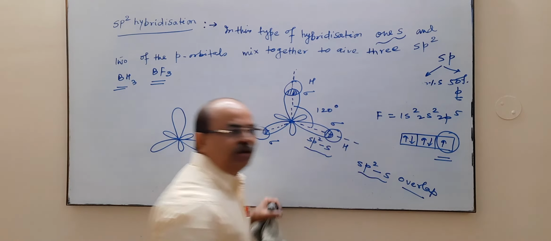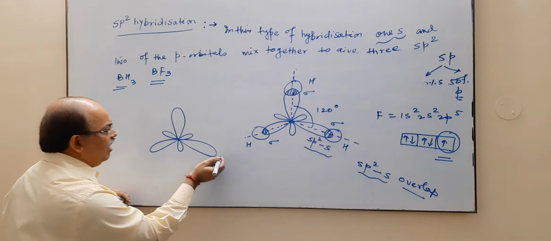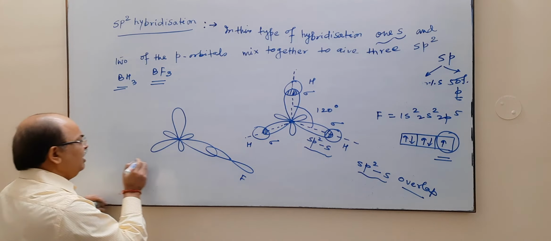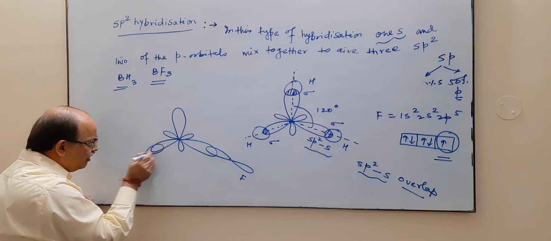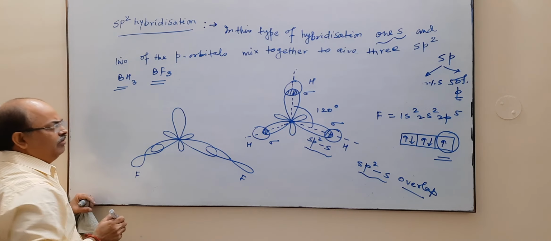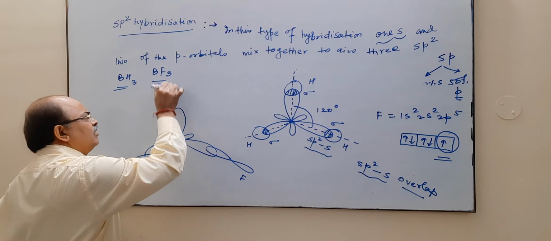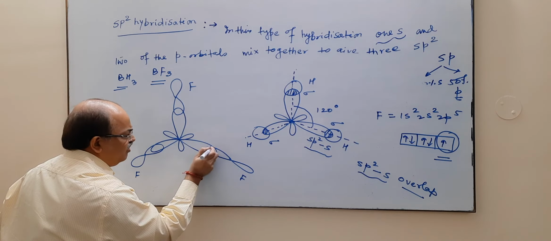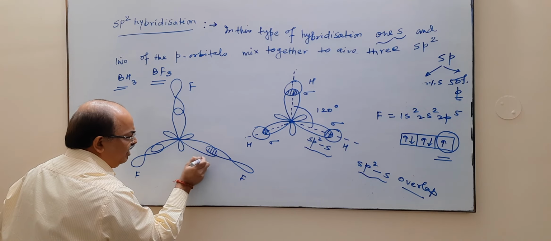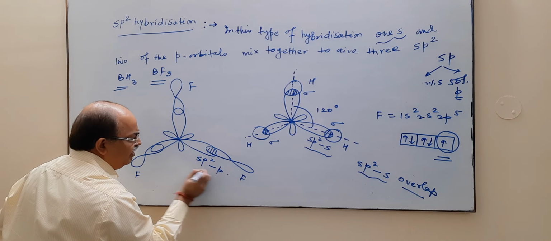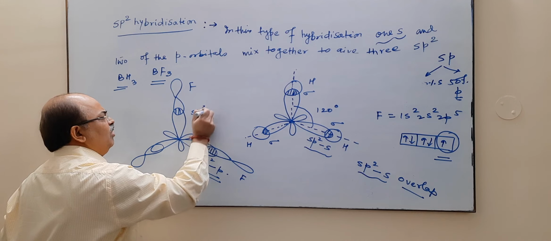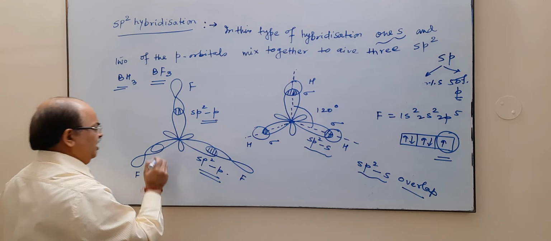This orbital will be utilized. तो अब आप यहां पे फ्लोरीन का p यूज करिए. This is your fluorine, this is another fluorine, this is third fluorine, means this is sp2, fluorine will utilize p.